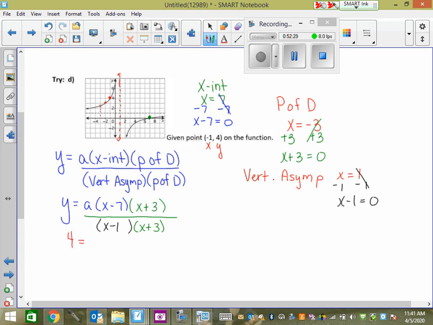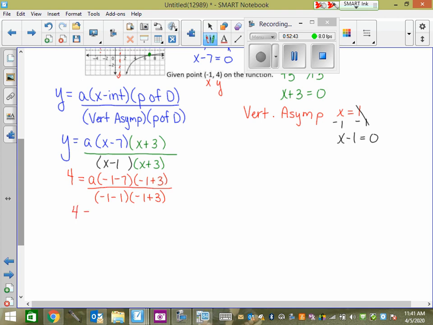So I'm going to go 4 equals A, -1 minus 7, -1 plus 3, over -1 minus 1, -1 plus 3. So I'm going to get 4 equals A times -8 times 2 over -2 times 2. And before I go to solve anything, I'm crossing off these 2's.